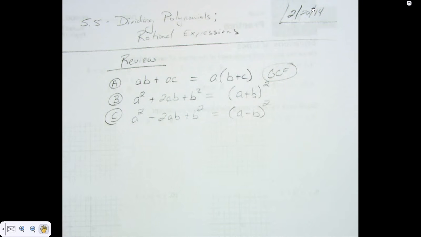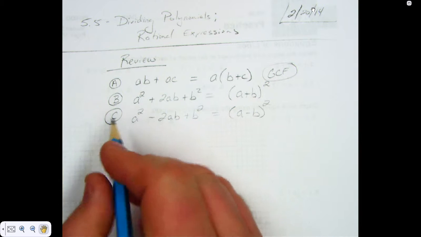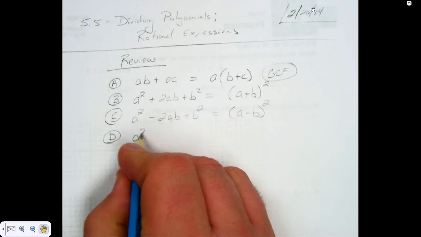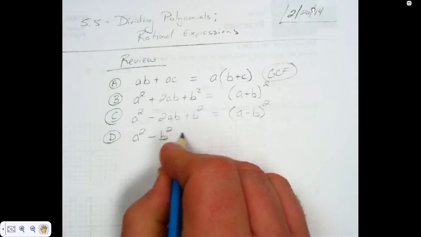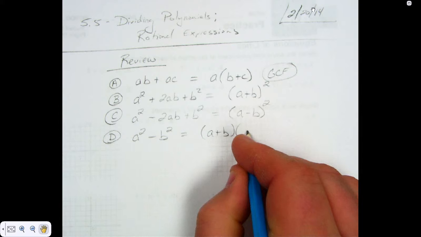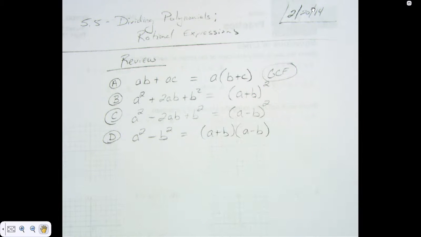Squared. We've also done where something was in this form, a squared minus b squared. We factored that into a plus b times a minus b.